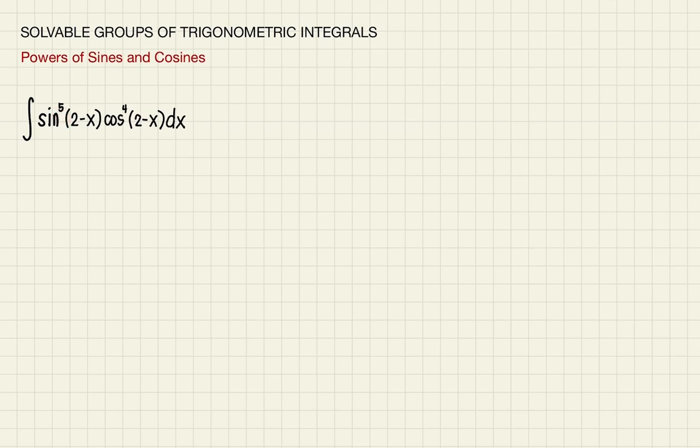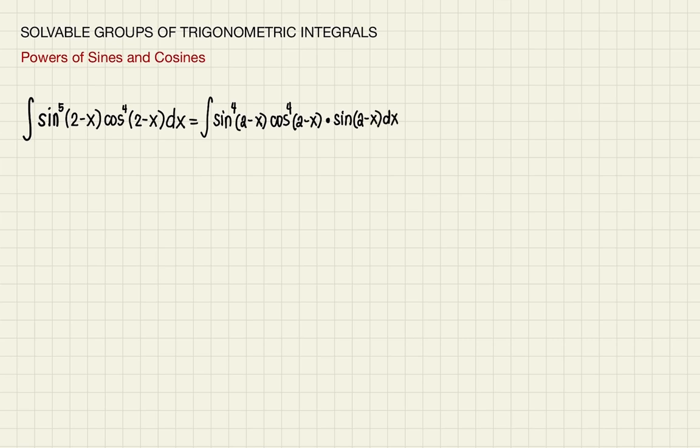So if we see this case, what we want to do is factor out one sine of 2 minus x, so that we subtract 1 from the exponent 5. We will now rewrite this as the integral of sine to the power of 4 of 2 minus x, simply copy cosine to the power of 4 of 2 minus x, and then just factor out sine of 2 minus x dx.